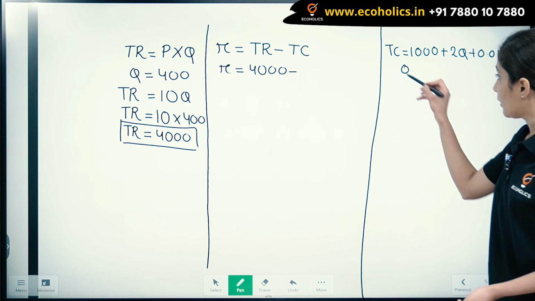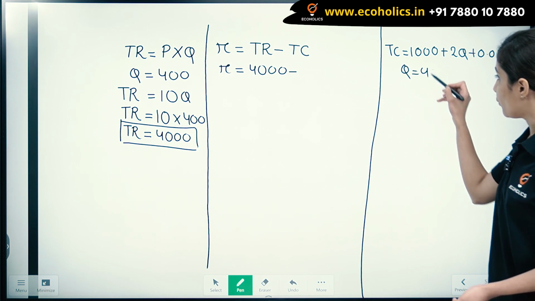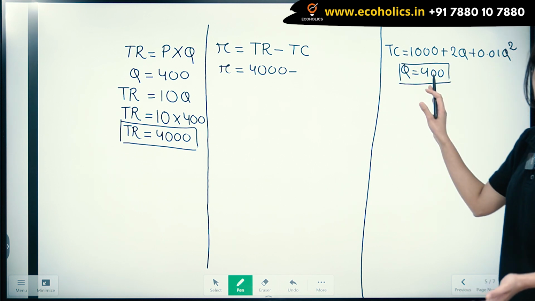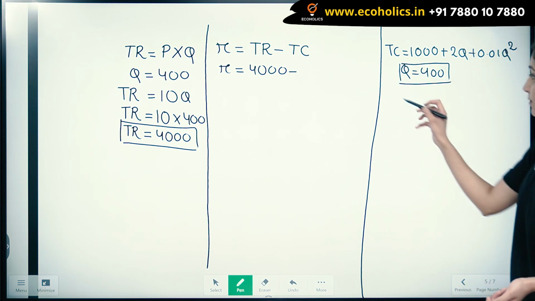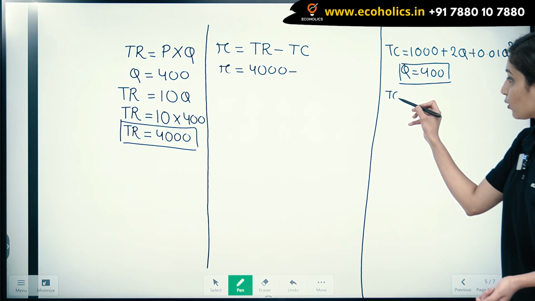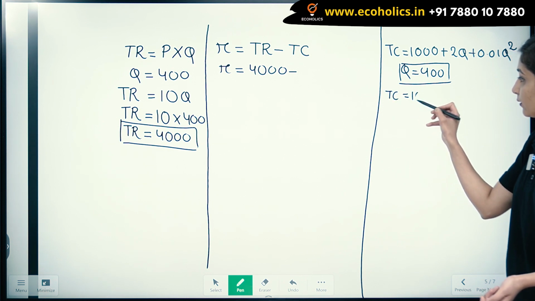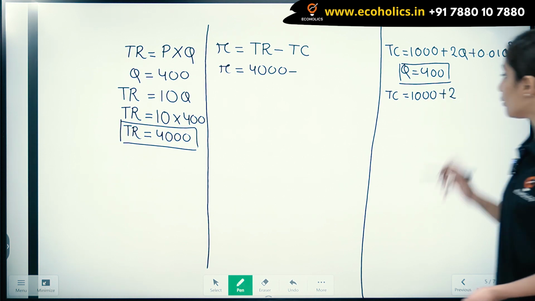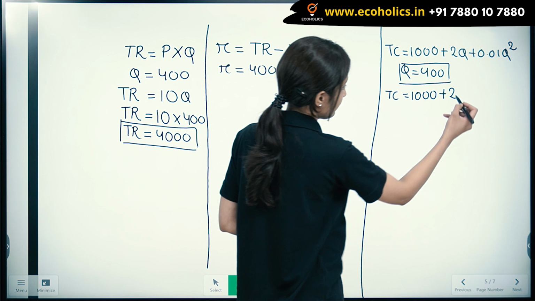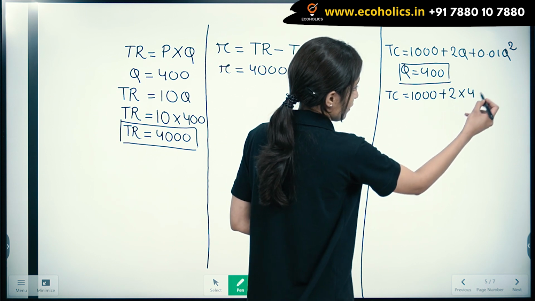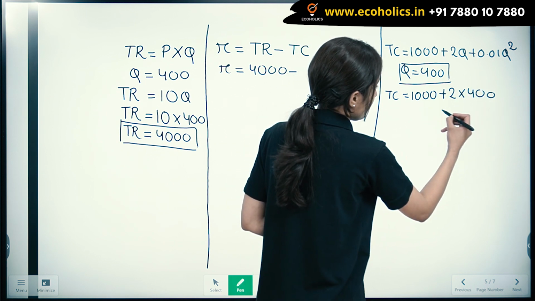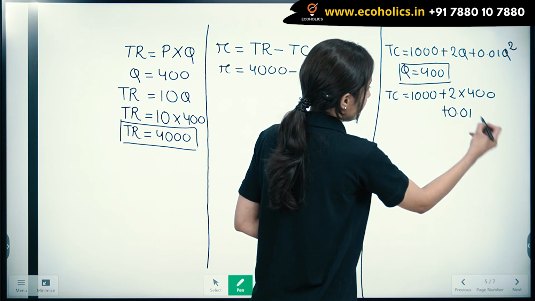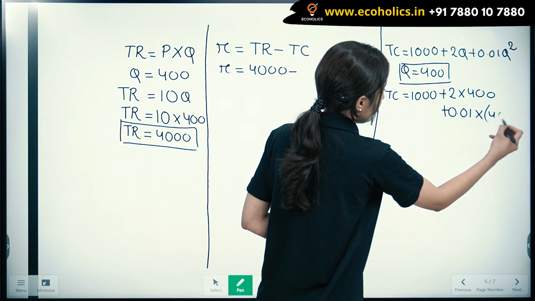Now our Q is equal to 400. Substituting Q is equal to 400, what we get is total cost is equal to 1000 plus 2 into 400 plus 0.01 into 400 square.